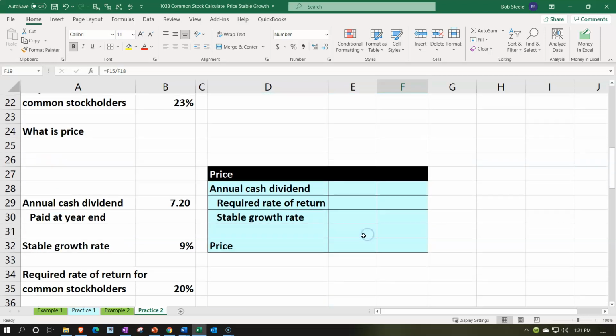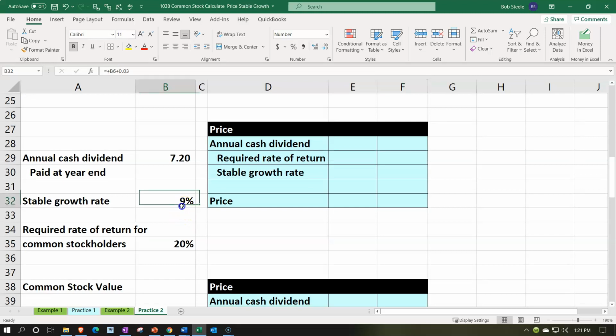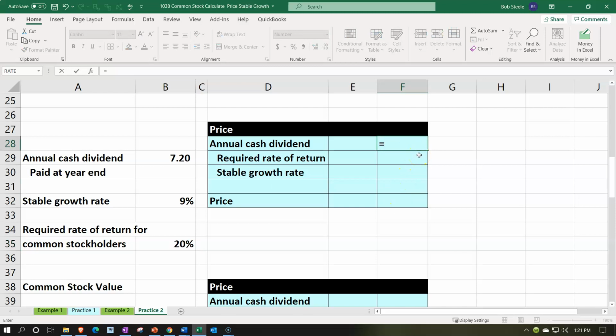Let's do it again. Now there's a change. We've got the 710 as the dividend. The stable growth is now 9%. Required rate of return is now 20. So that's going to be our new comparison. Same kind of calculation. This will be the return or the dividend, which is going to be, adding some decimals, 720. The required rate of return being the 20%, making that a percent, numbers group, percentifying, minus the 9% in the numbers group, percentify, font group, underline.